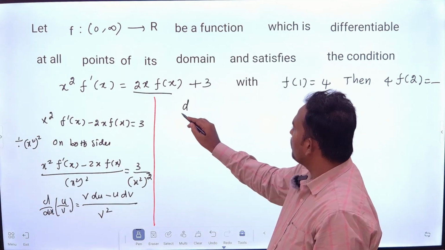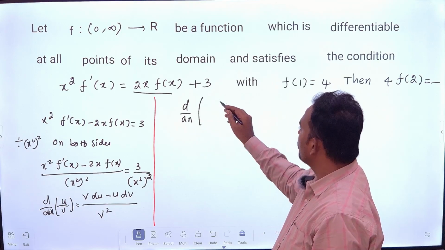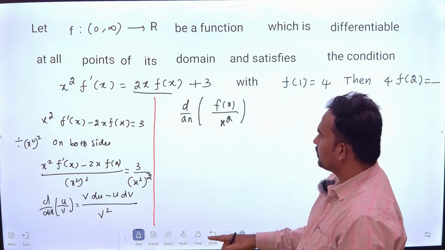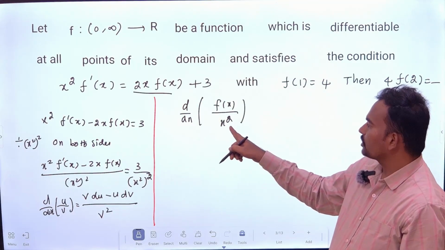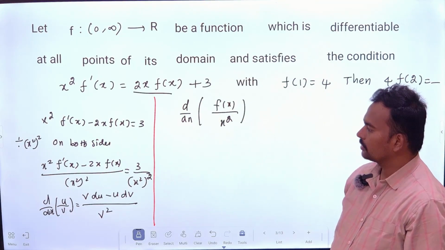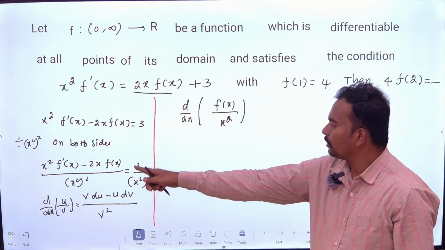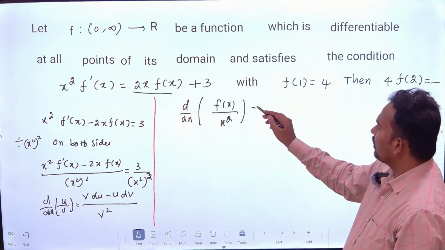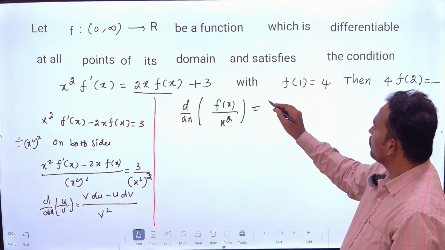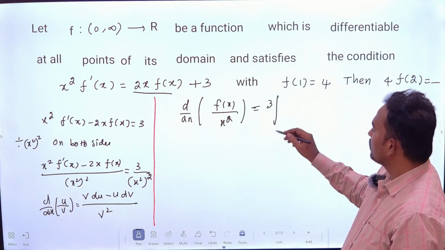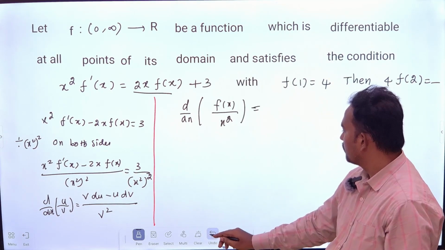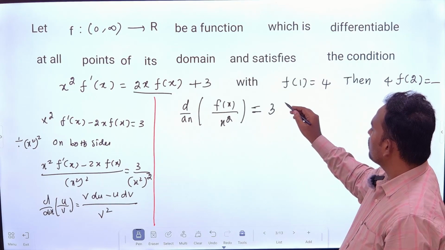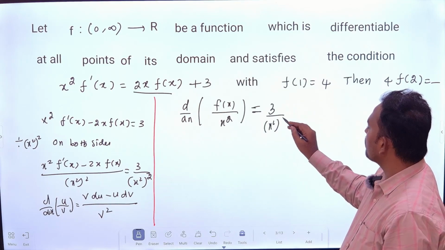This would be the differentiation of f of x divided by x square, right? The denominator function is x square, the numerator is f of x. You can use the u by v rule. You can compare this function, and equal to 3, you can take it out, 3 by x square whole square.